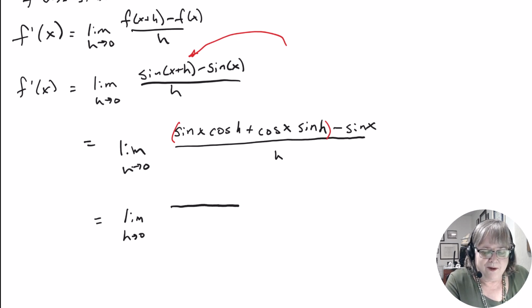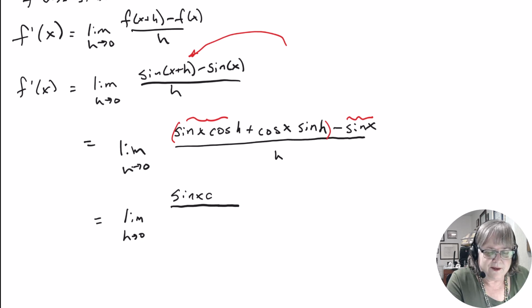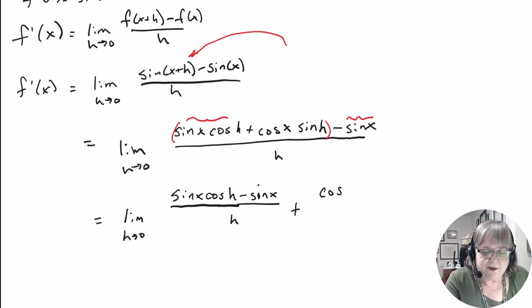We take this term and this one and combine them, which gives us sine of x cosine h minus sine of x, all over h, plus cosine x sine h over h.